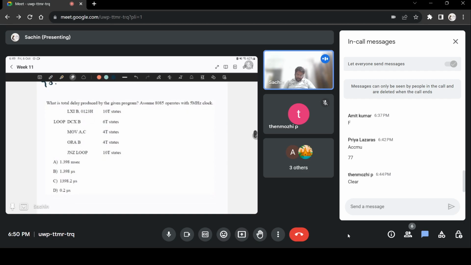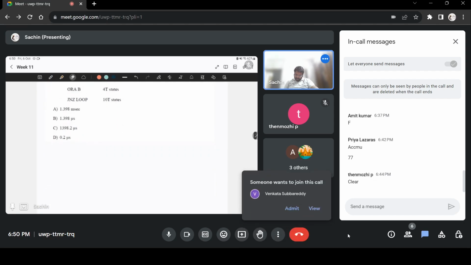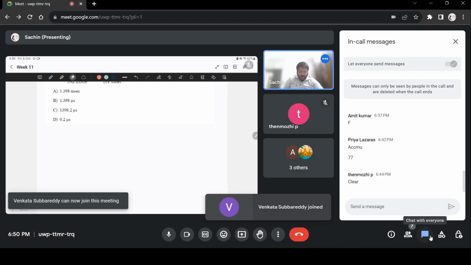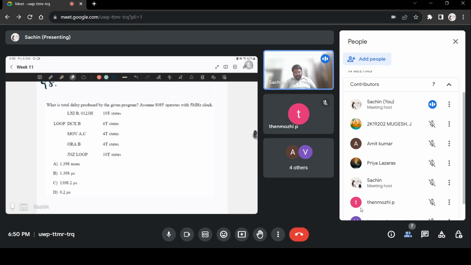Assume 8085 operates with 5 MHz clock. Okay, you guys also try to solve this question. I will take some time to solve it and then we'll come back and discuss.